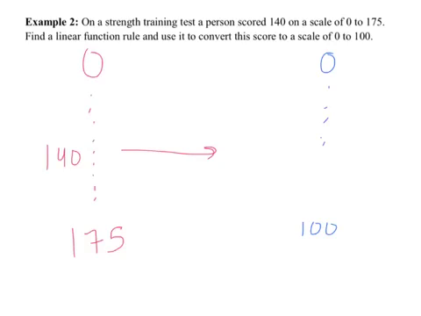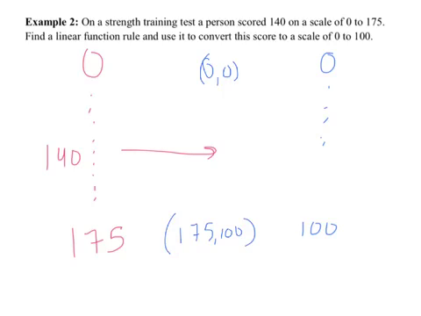So when I think about this problem, I say, well, an input of 0 is still an output of 0, but an input of 175 on the old axis, or the old scale, is an output of 100. So think of this as your inputs, and this is your outputs, or your x, and this as your f of x over here. So we could say that we technically have coordinates. We've got (0, 0) as a coordinate, and we've got (175, 100) as a coordinate.